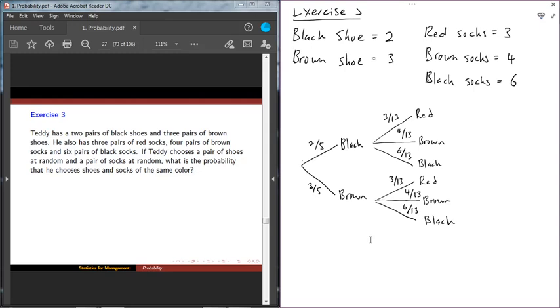So the question is, what is the probability that you choose shoe and socks of the same color? The same color goes here: black, black, brown, brown.